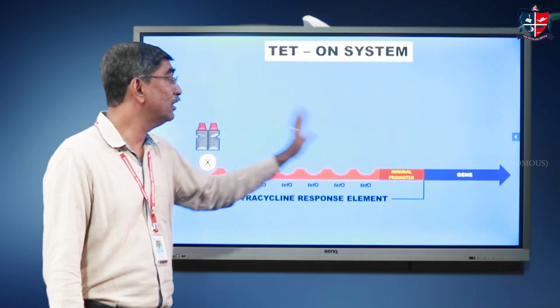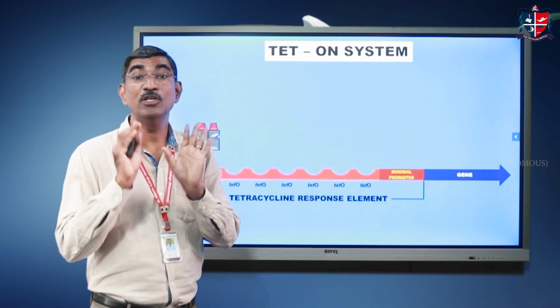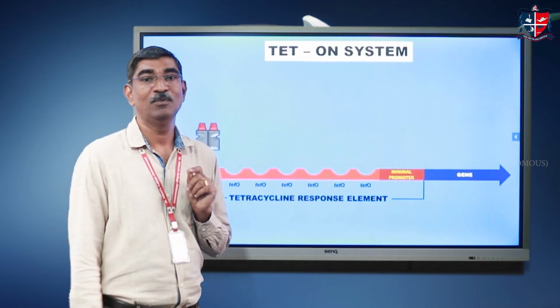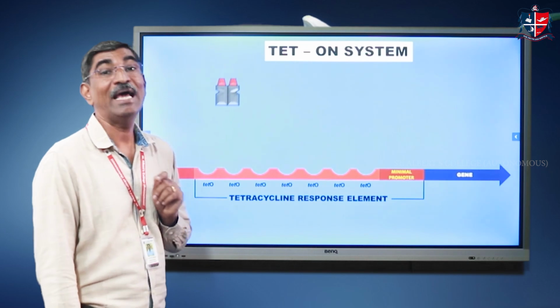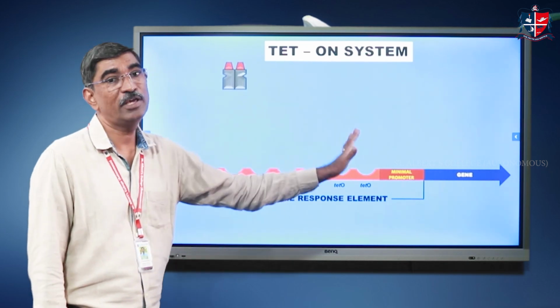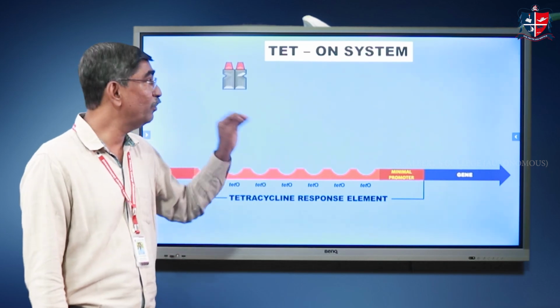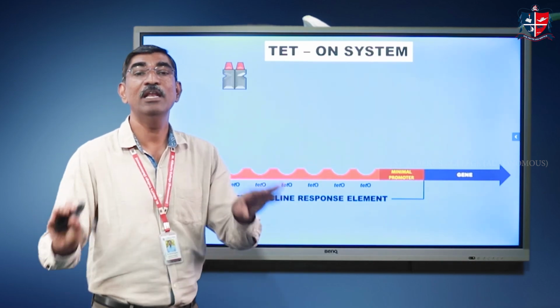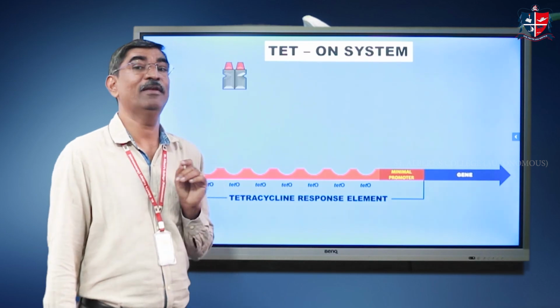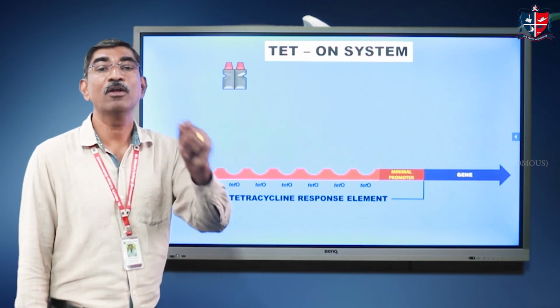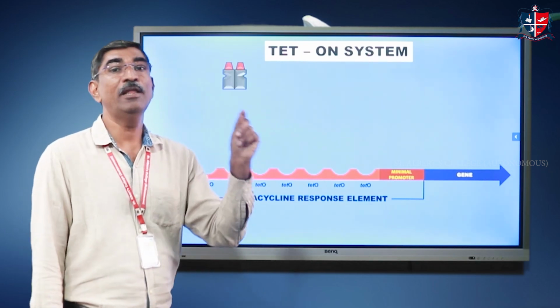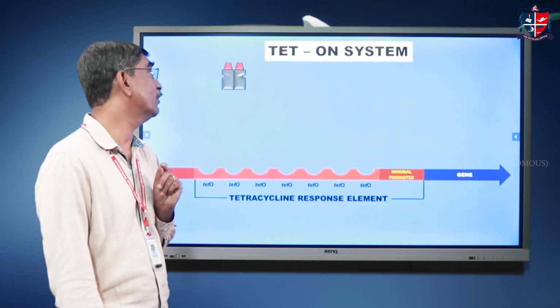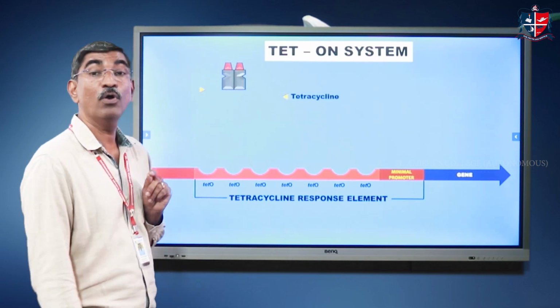That means the minimal promoter is not active. So no transcription will take place here. That means the downstream gene is in a switched off condition. Now we are going to give tetracycline to this expression system. See what is going to happen.